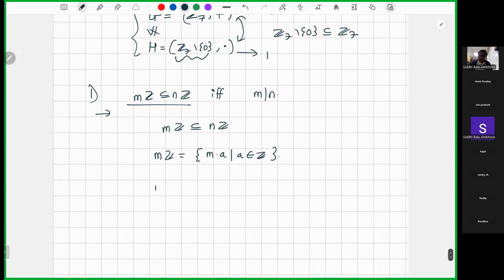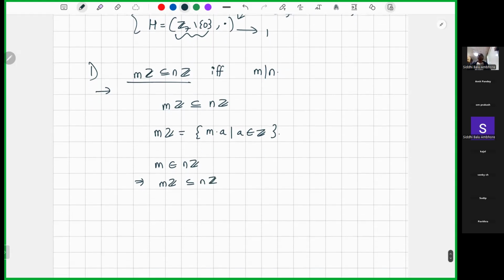And the moment I say that m belongs to nZ, note that the entire mZ will belong to nZ, because nZ is a group. If some element m is in nZ, then m plus m will be in nZ, and this implies m plus m, some k times, will be in nZ.